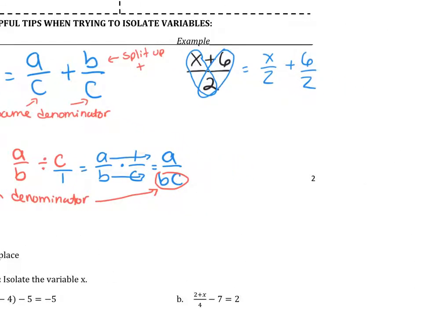Okay, so an example would be if we had x over 2 divided by 7. This would be the same as saying x over, and then we just take our two denominators, 2 times 7.